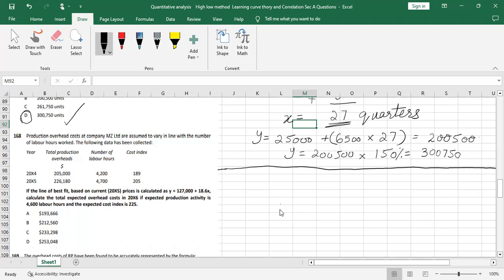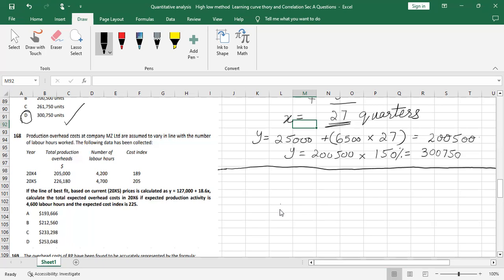Cost index is 189 and 205. If the line of best fit based on current prices is calculated as y is equal to 127,000 plus 18.6x, once again he has provided you the equation, and this time we are talking about the total overhead.